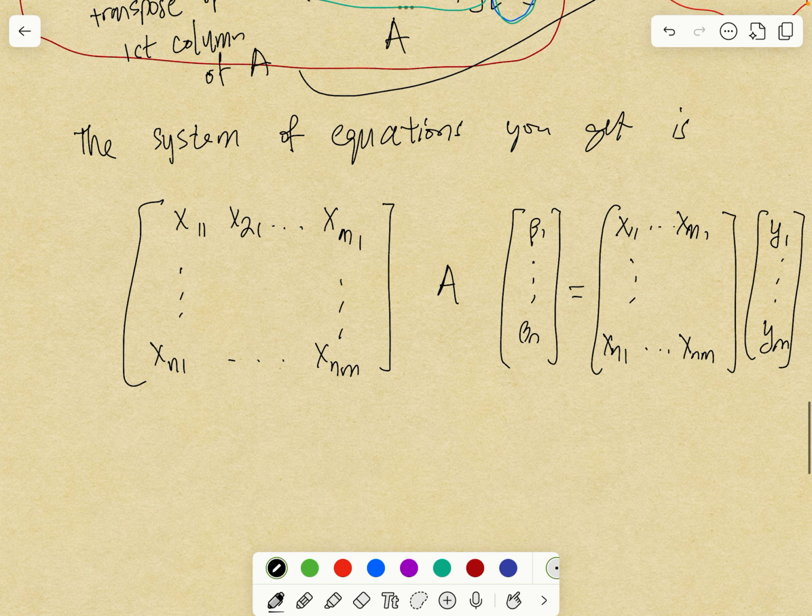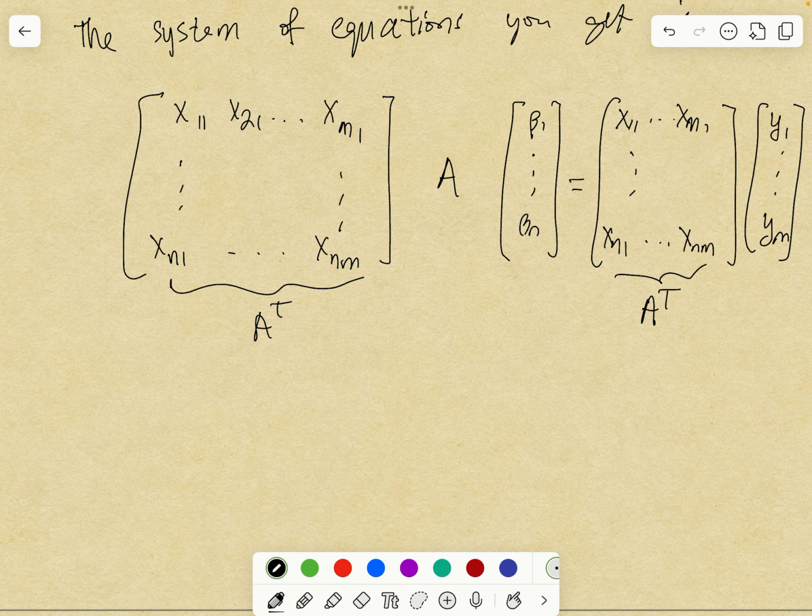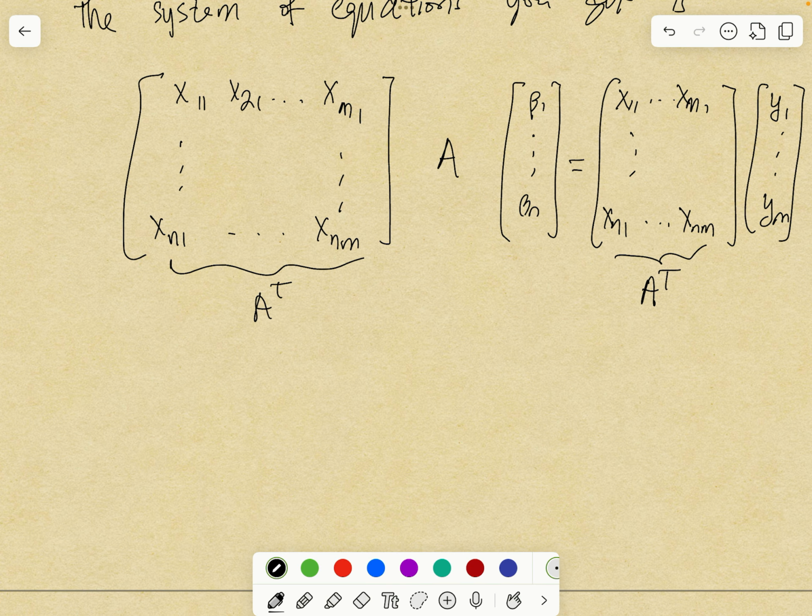Well, that matrix here is just the transpose, right? That's just A transpose. So now the system we get is A transpose A beta equals A transpose Y. Those are the normal equations we found using linear algebra.